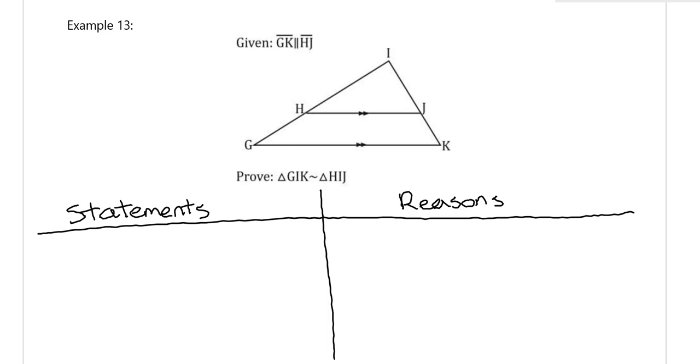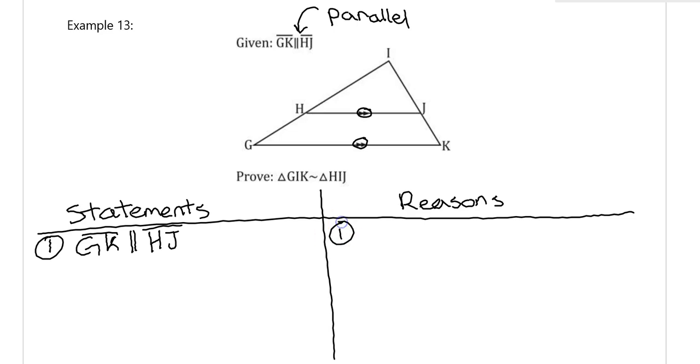My first statement is my given: line GK and line HJ. Those two lines mean that they are parallel, which you can see right here with the little parallel marks. So GK is parallel to HJ. And again, why? Because the problem tells me it is. Some things you just have to be told by the problem.